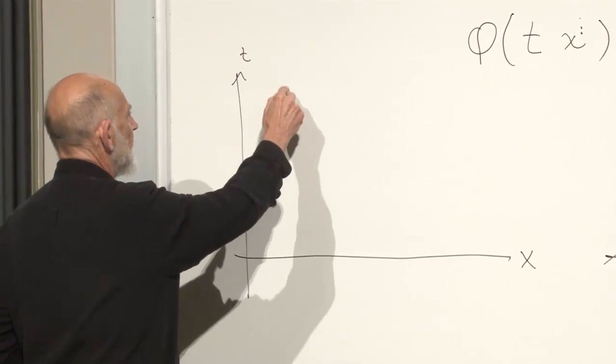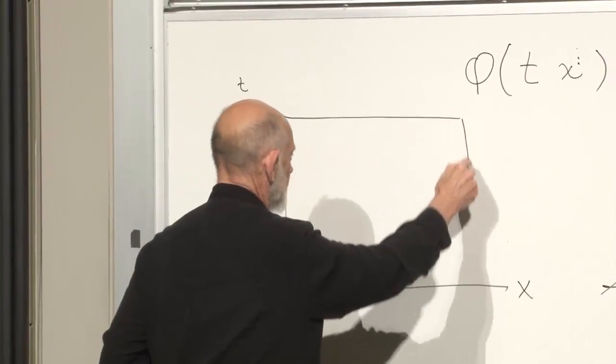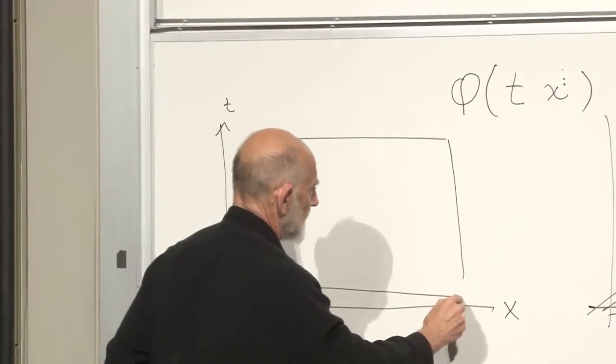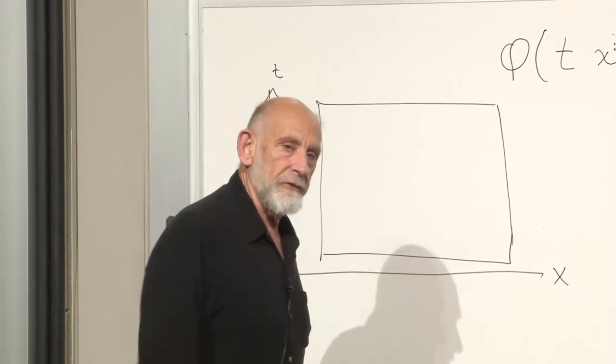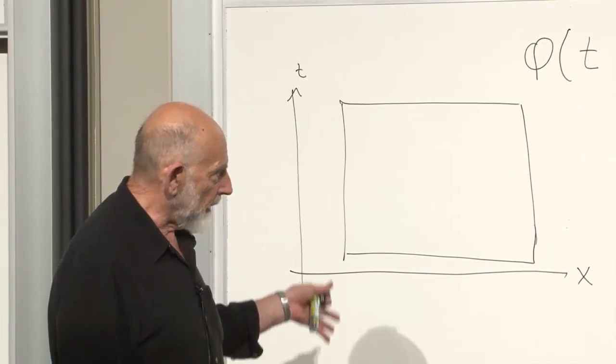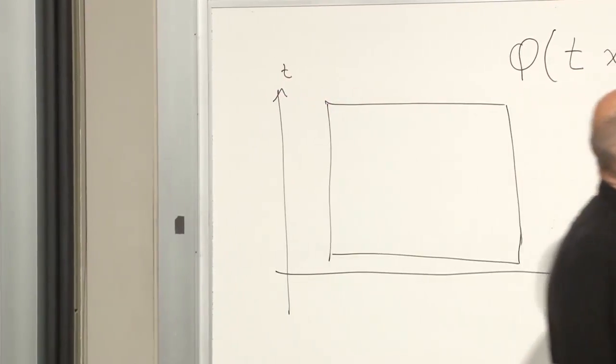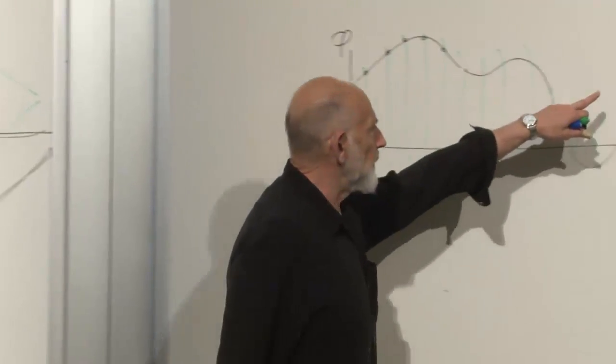Over here, it might be a rectangle like this. And talk about the field within the rectangle, just as we talked about the field on the interval between A and B.